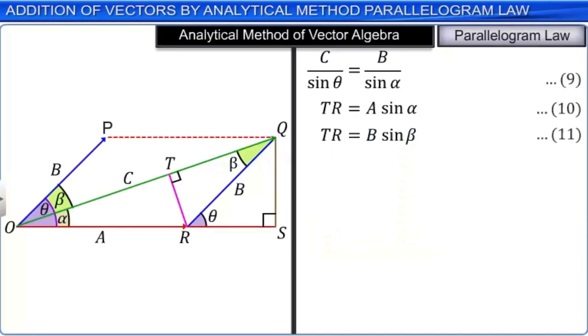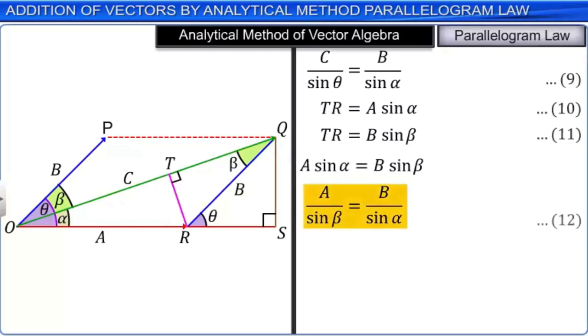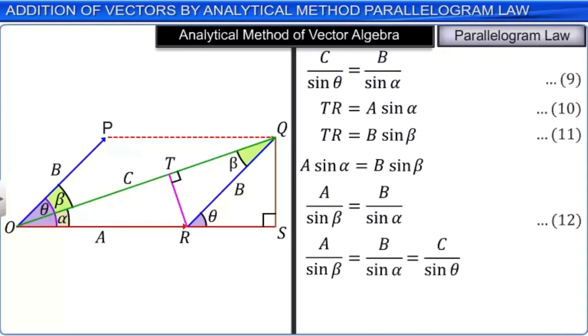So TR is equal to A sine alpha, and TR is equal to B sine beta. Both of them should be equal, which can be written as A by sine beta equal to B by sine alpha, right? Let us take this as equation 12. Now, equations 9 and 12 give us the comparison between the vectors we have here.